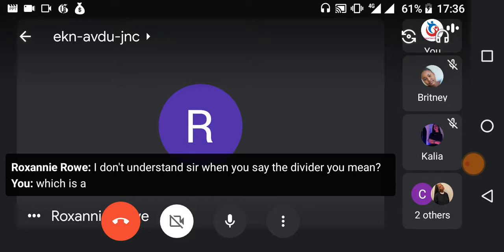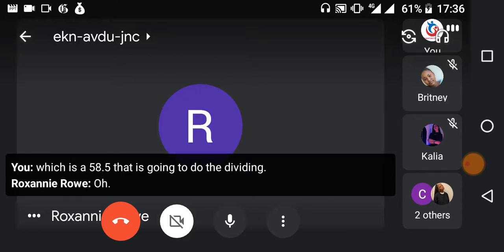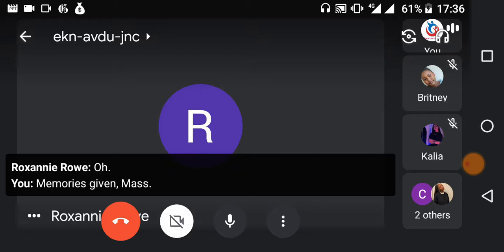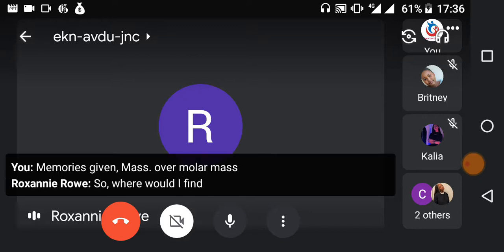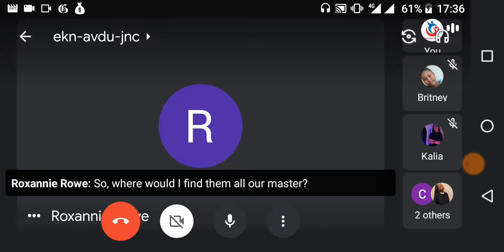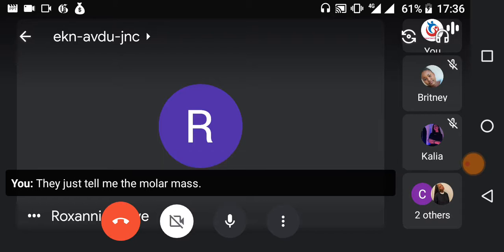Remember, it's given mass over molar mass. You just tell me the molar mass. When you look at your periodic table, you see sodium is 23, right?